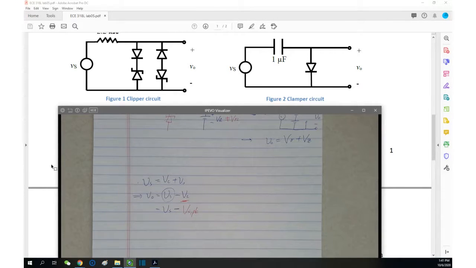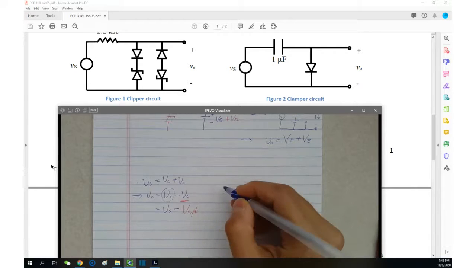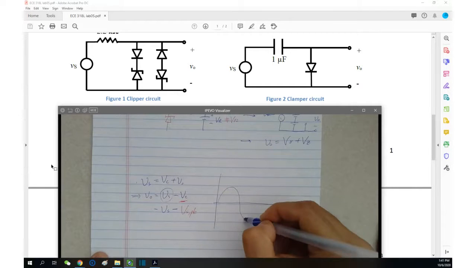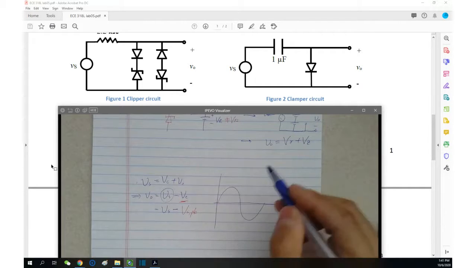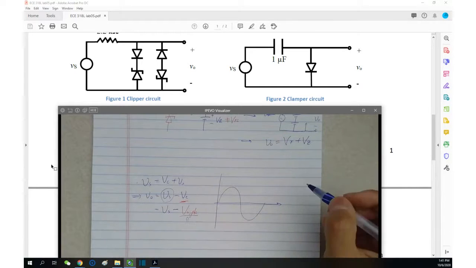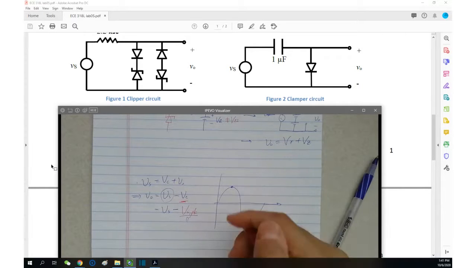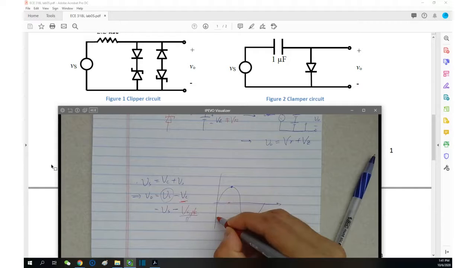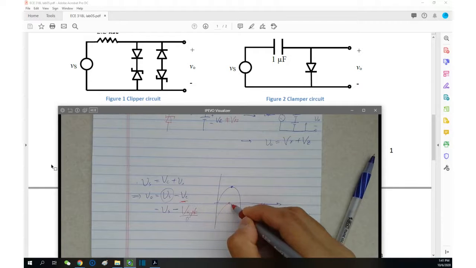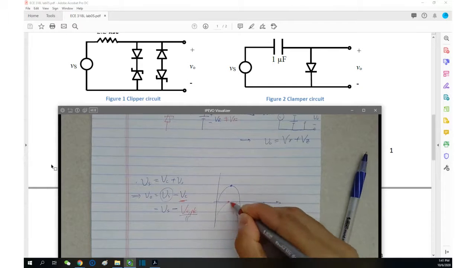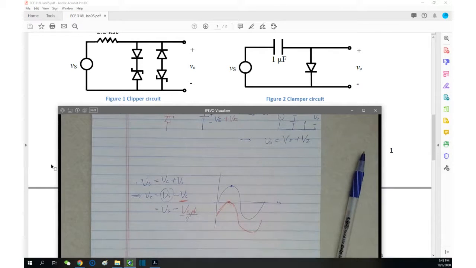But if this is okay, then how to plot your AC source VS is over here. This guy is the peak value, right? So what happened? Your peak value is gonna become 0, isn't it? So your entire waveform gonna shift down, like this.